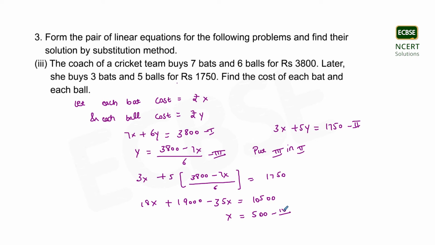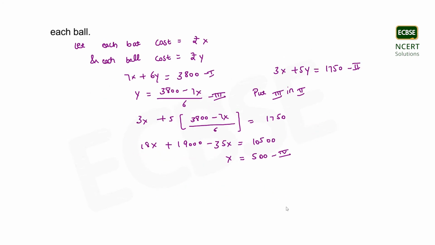Now put this value of x in third equation, that is, substitute the value of x in third equation. So y comes out to be equal to (3,800 minus 3,500) divided by 6, right?